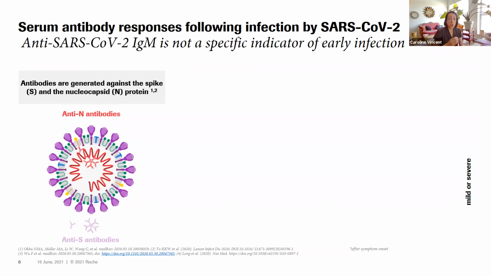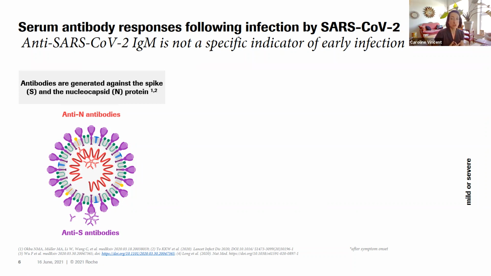If we take a closer look at the antibodies that are produced after exposure to SARS-CoV-2, we know that some antibodies will be directed against the spike protein, which is found at the surface of the virus. This is the protein that is used by the virus to enter host cells.